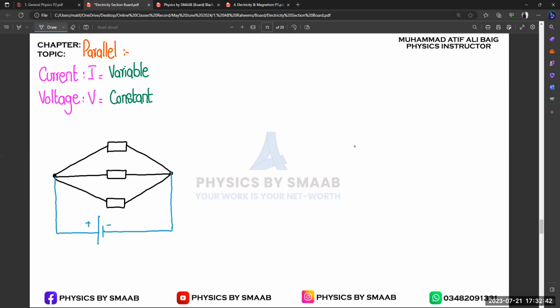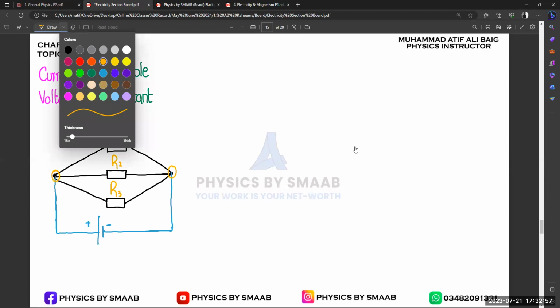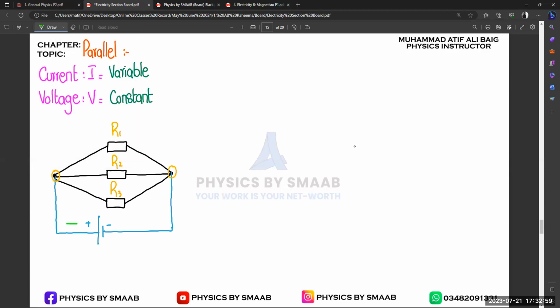Now we are having three resistors, again the same three resistors, one, two, three. There are two terminals, one over here and the second one over here, right? When charges start to move from the positive terminal, there is a junction point, known as a junction, where two or more connections are combined, right?